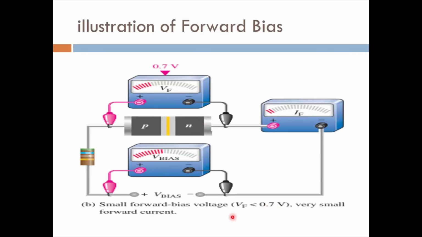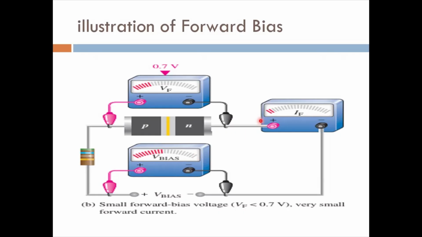So we know that a voltage less than 0.7 volt will not break the barrier, will not overcome it, and will not allow the current to flow. But in practical conditions, there will be a very small amount of forward current due to the minority carriers, because there are some minority carriers in the P region as well as in the N region.